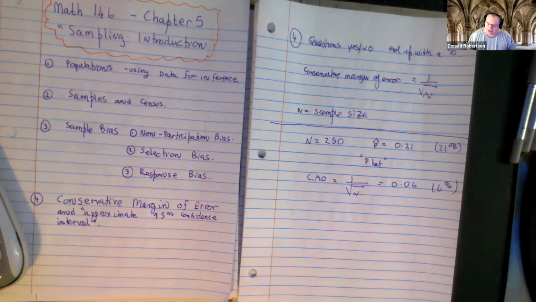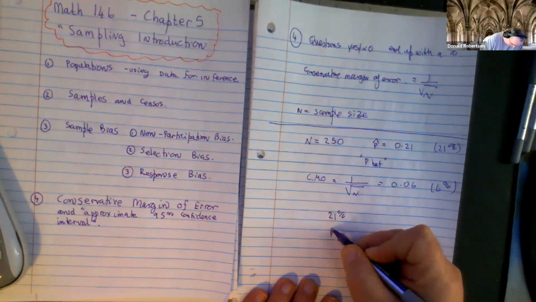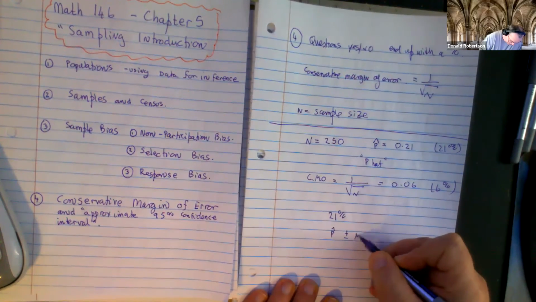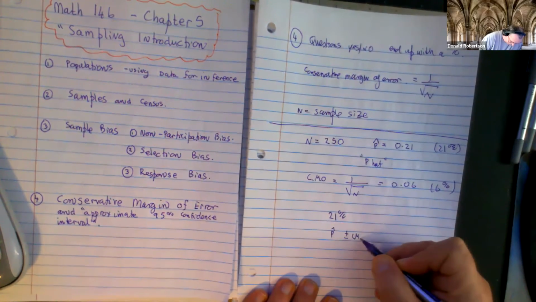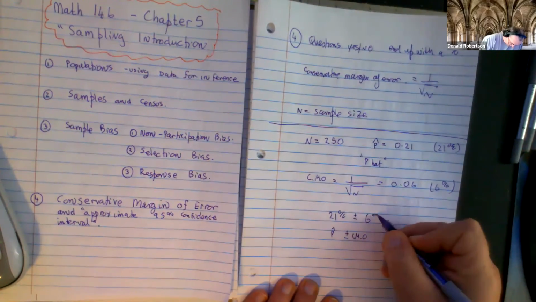So if someone was saying to me, what's your prediction on everybody in America? What percentage of all Americans have been to the cinema in the last week? You would say 21%, right? My P hat, give or take my conservative margin of error. So it would be give or take 6%.